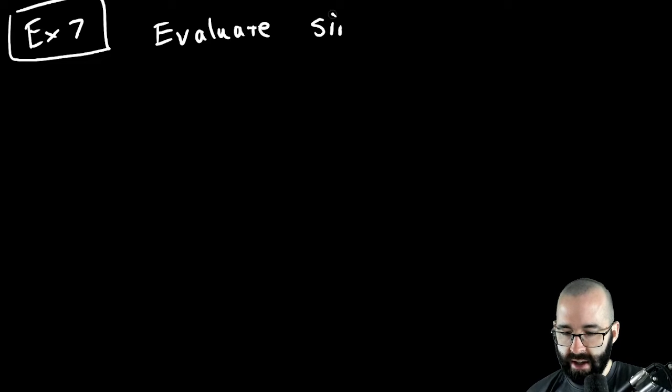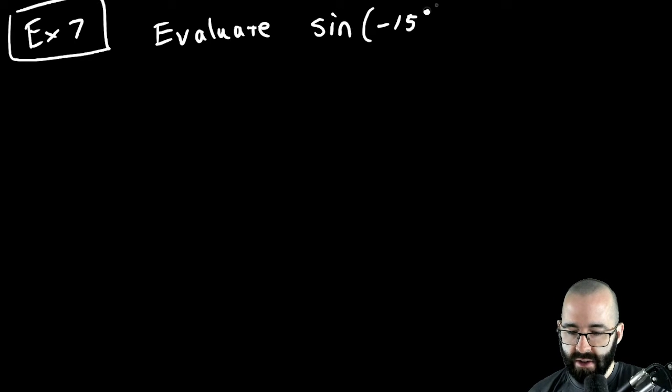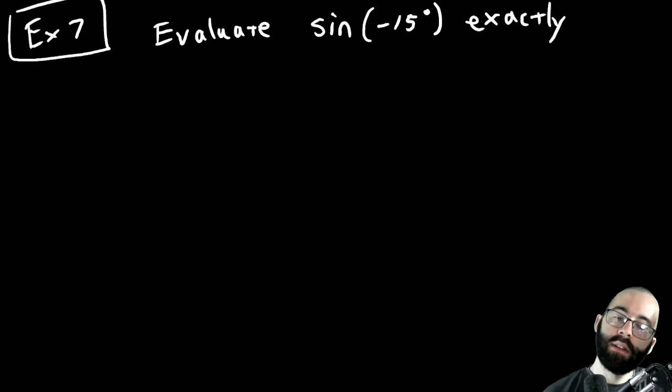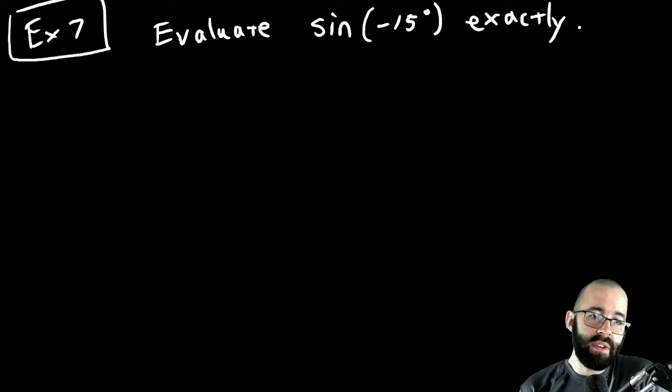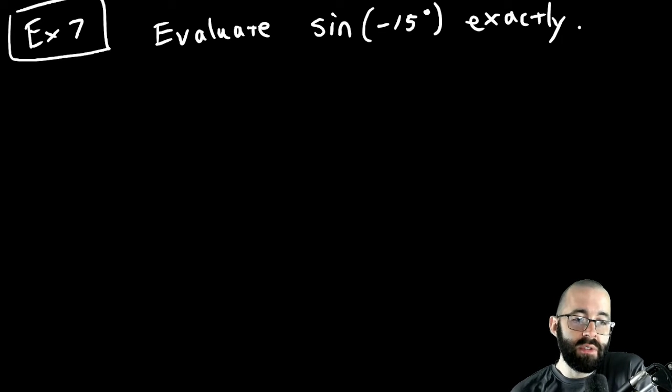All right, let's use these. Example 7. Evaluate the sine of negative 15 degrees exactly. So one of the ways that we could do this would be angle sum or angle difference.